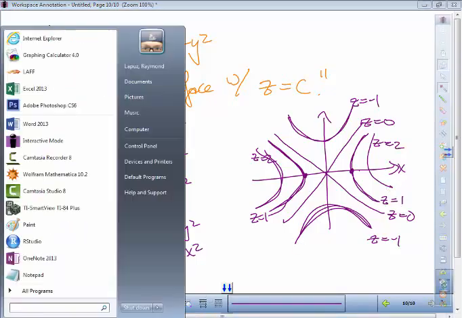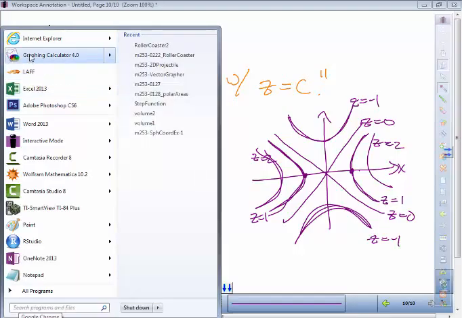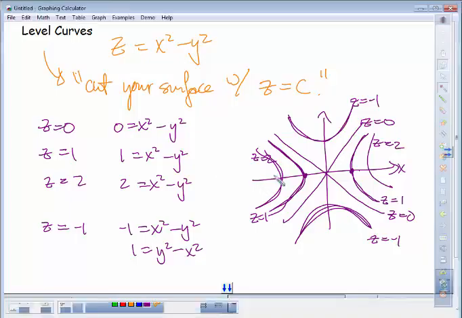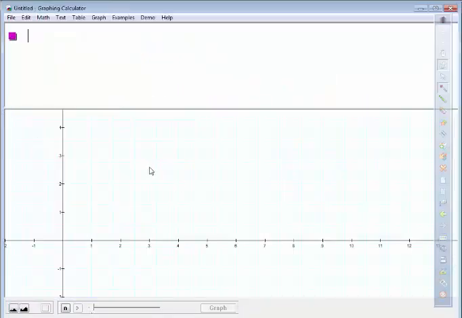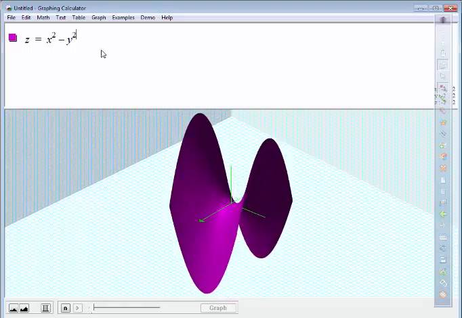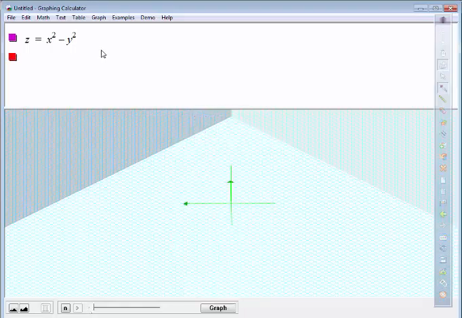So your task is to be able to make the relationship between a three-dimensional graph that may be difficult to see, and then imagine cutting it with a plane.